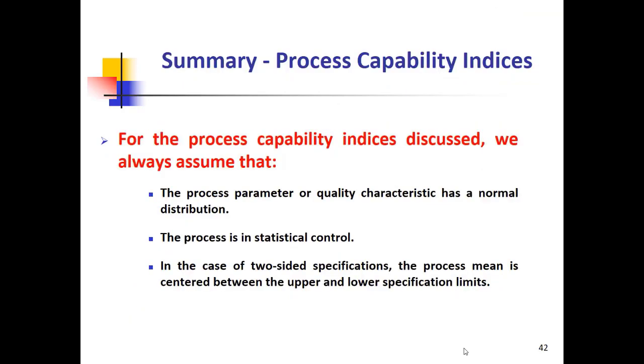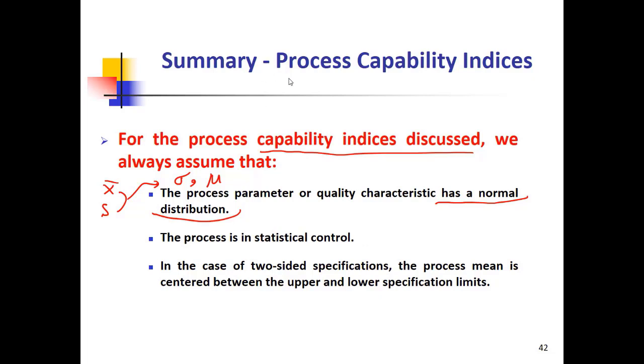Okay, summary. That's the last slide we have, for the process capability indices. First of all, we assume that we have a normal distribution. It means all the parameters that we use, the mean and the standard deviation that is given, we use as the population mean and standard deviation. This is valid when we have a really big amount of data and a normal distribution.